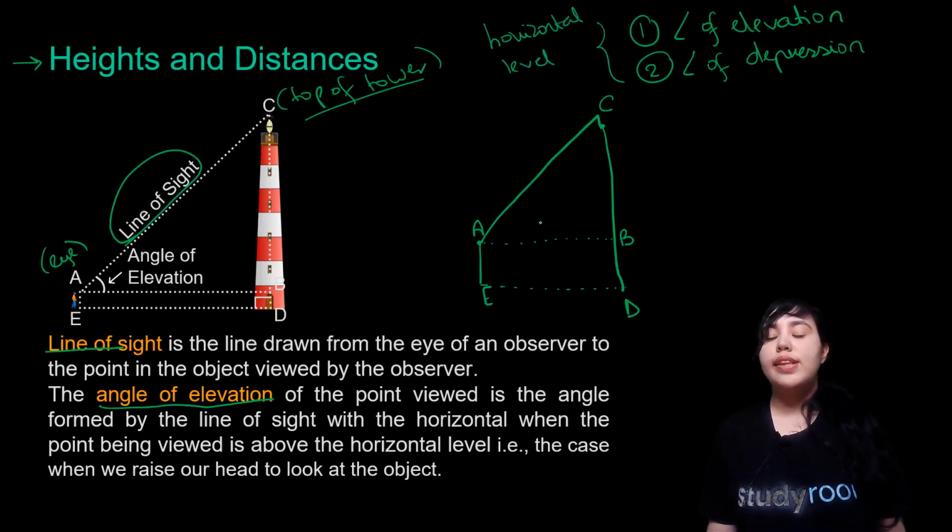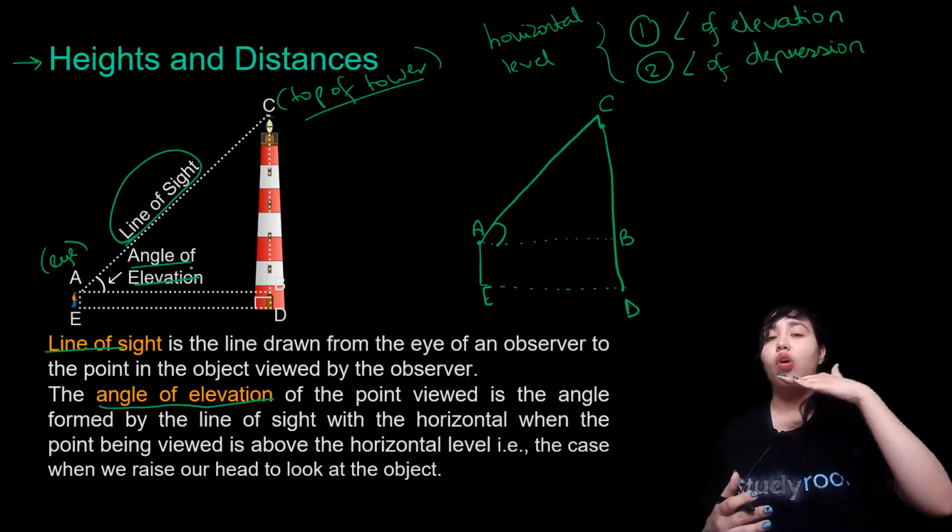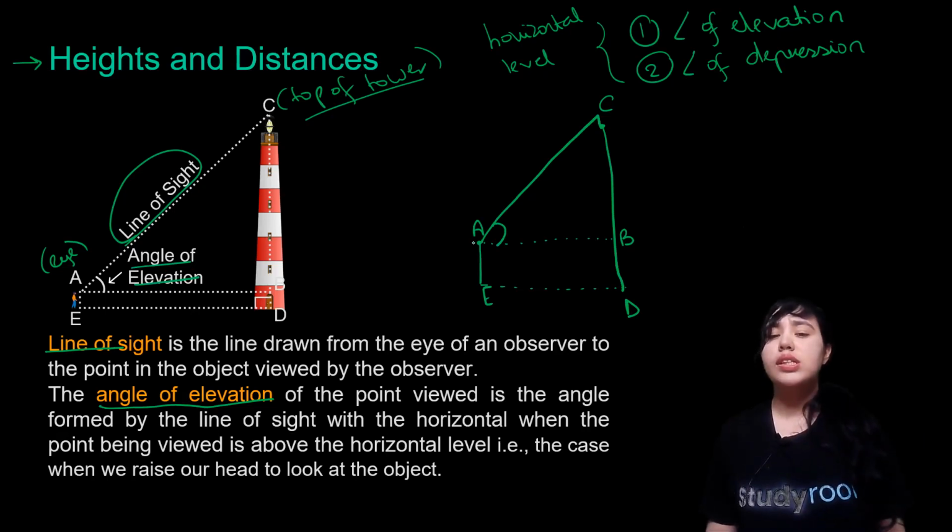In this case we can have this horizontal level AB, we can have this horizontal level ED. So which one do you pick? You pick the one which is forming an angle with the line of sight. So this is a line of sight AC. This is the angle that you are referring to as your angle of elevation. So this is the angle between the line of sight and the horizontal. What is the horizontal in this case?